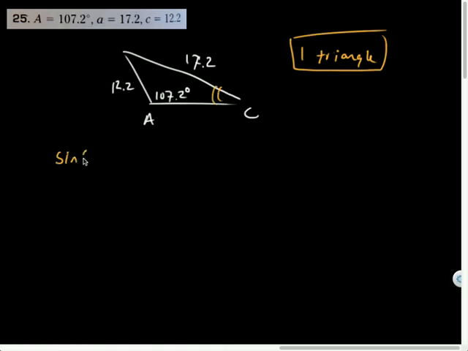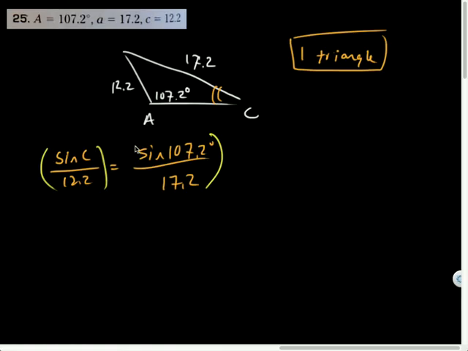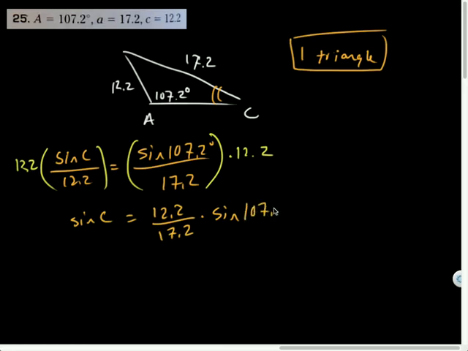So I would do law of sines. Sine of C over 12.2 is going to equal sine of 107.2 degrees over 17.2. So to solve, I'd multiply both sides by 12.2. Man, this lag. So sine of C is equal to 12.2 divided by 17.2 multiplied by the sine of 107.2 degrees.